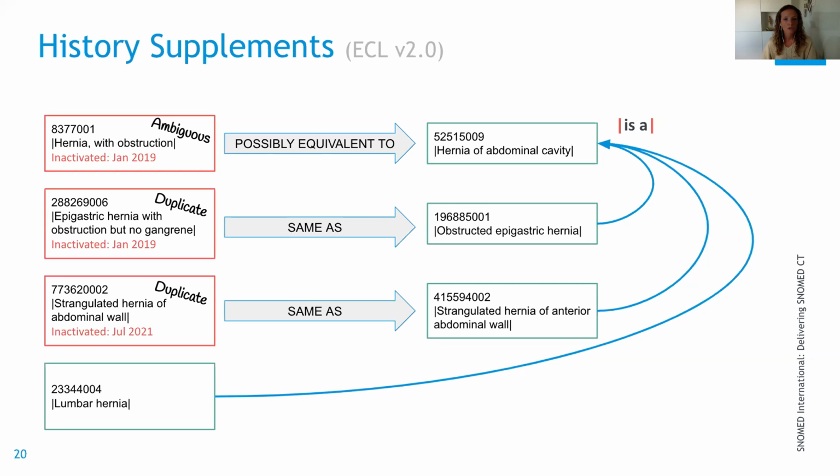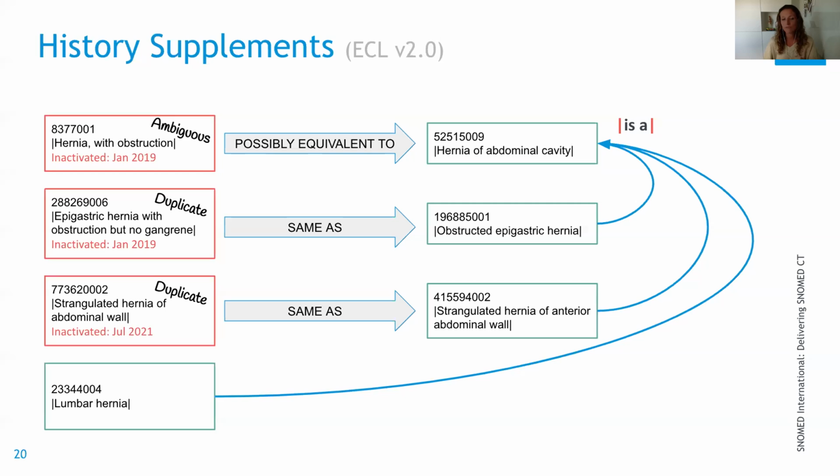The SAME AS association is used when the semantics represented by the inactivated concept and the active replacement are equivalent, whereas the POSSIBLY EQUIVALENT TO association is used when the inactivated concept is inherently ambiguous, and there isn't a semantic one-to-one association between the inactive concept and the active replacement.